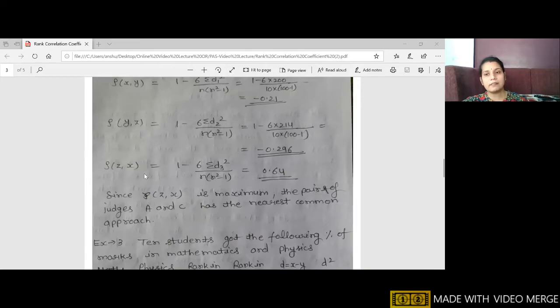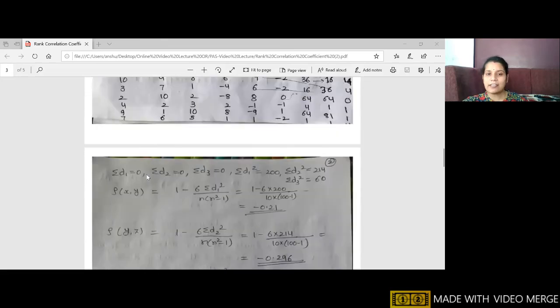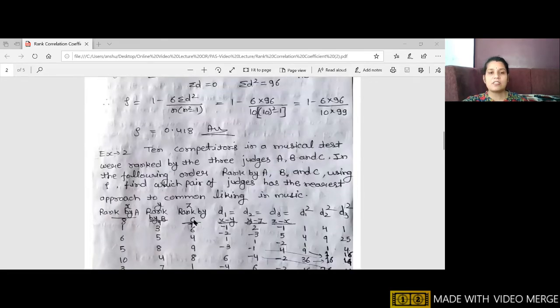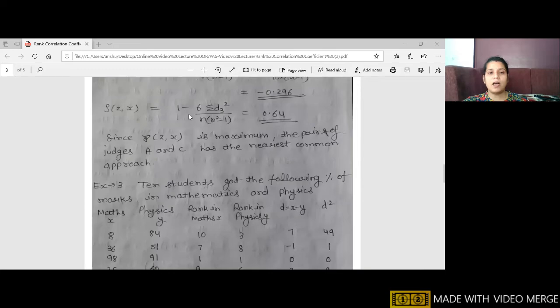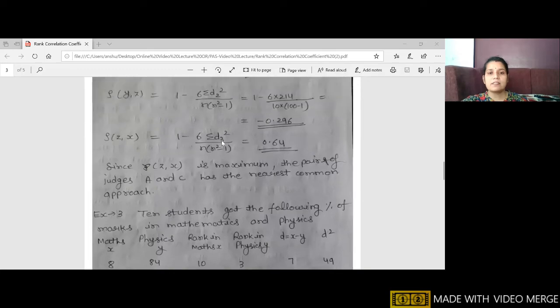Got it? And what is our third rank correlation? Z and X, that means rank by C and rank by A. So we write the formula 1 minus 6 summation D3 square divided by n into n square minus 1.